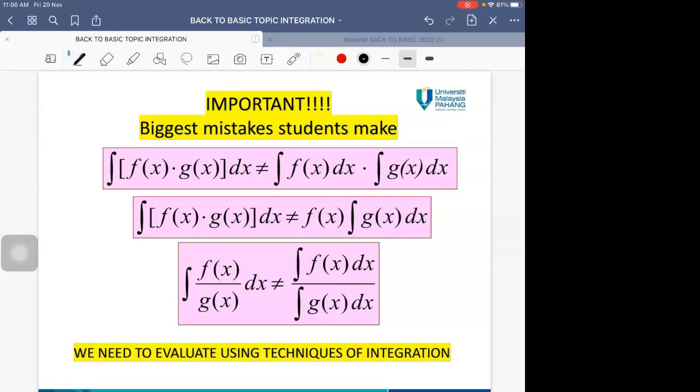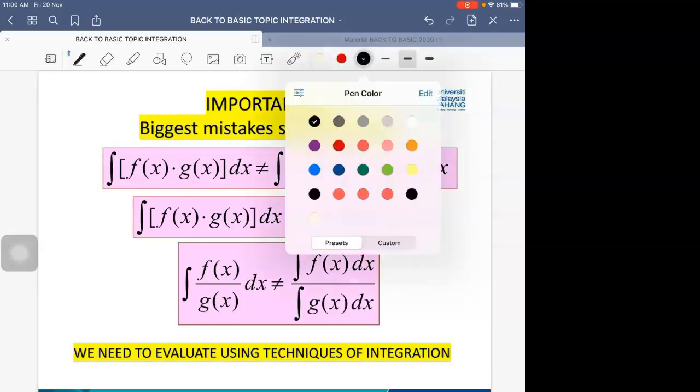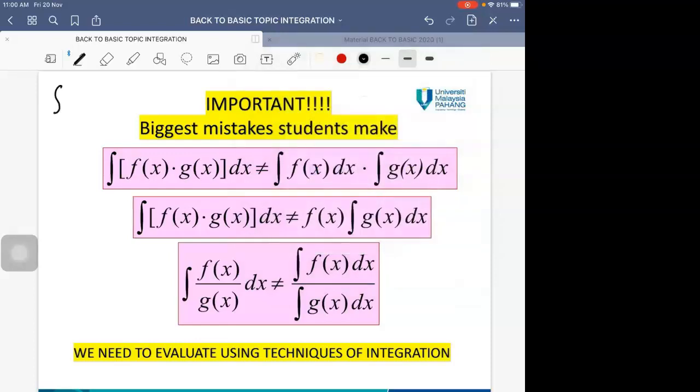If you need to integrate a multiplication of two functions, let's say integrate x squared multiplied with exponent x dx, it is not simply equal to integrate x squared multiplied with integrate exponent x.